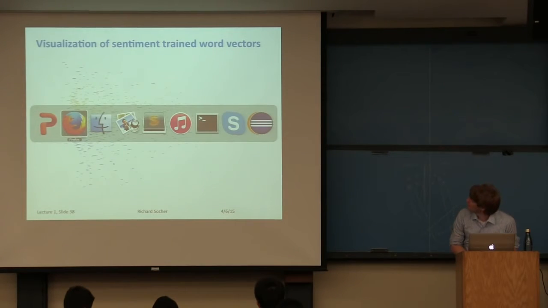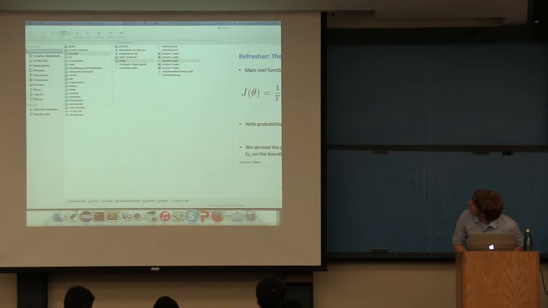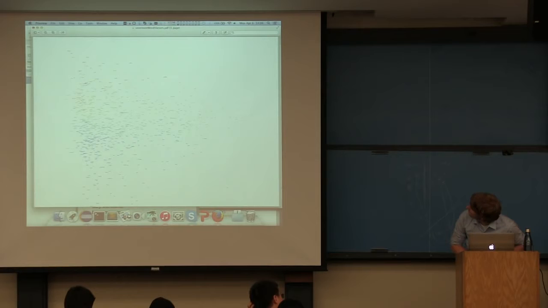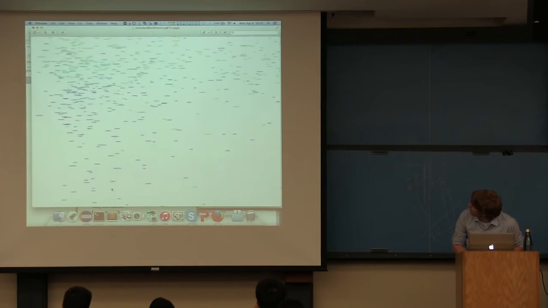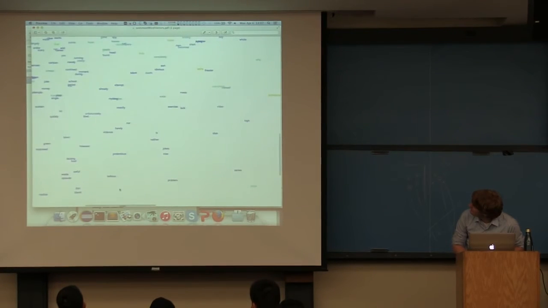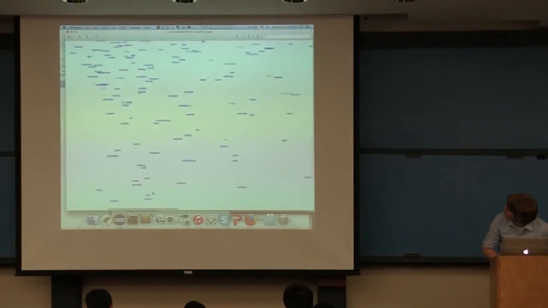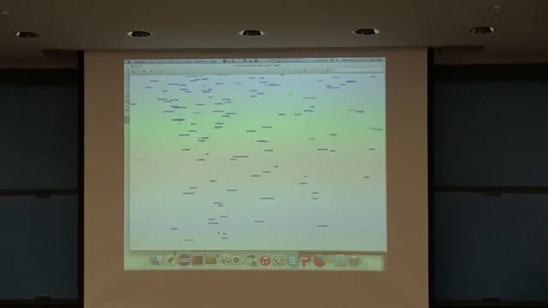So let me give you an idea of what this looks like and zoom into these word vectors here. This is again similar to the PCA that we've done on the co-occurrence matrix. This is a PCA on the original semantic word vectors. On the first principal component, you will see that it captures mostly sentiment.